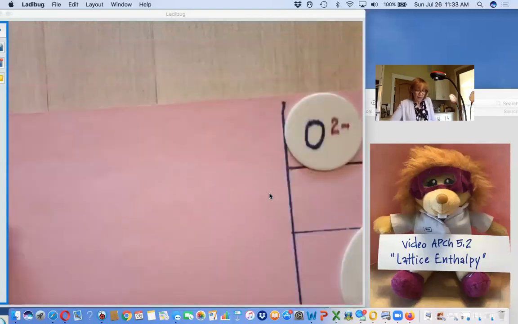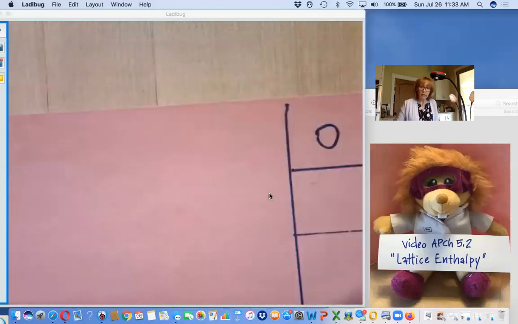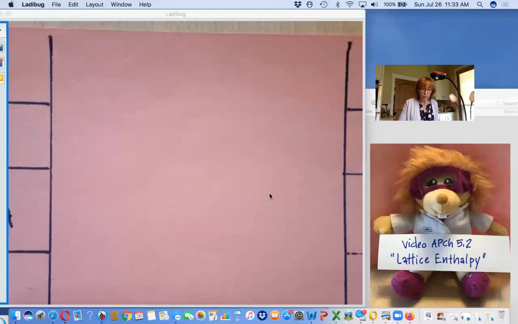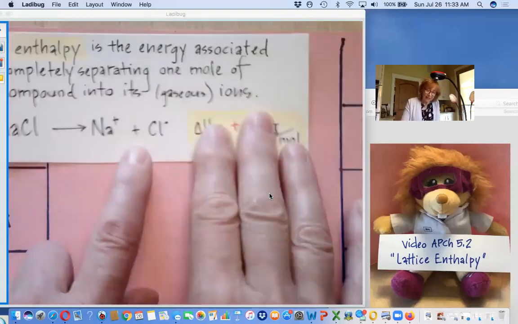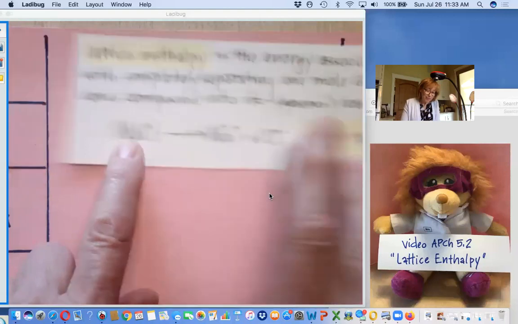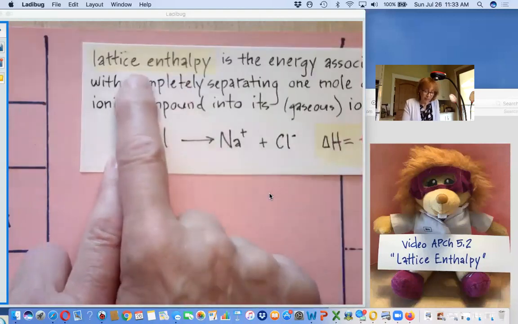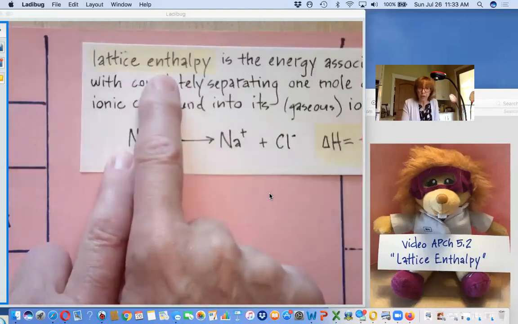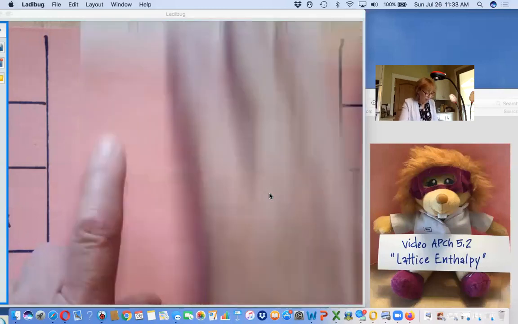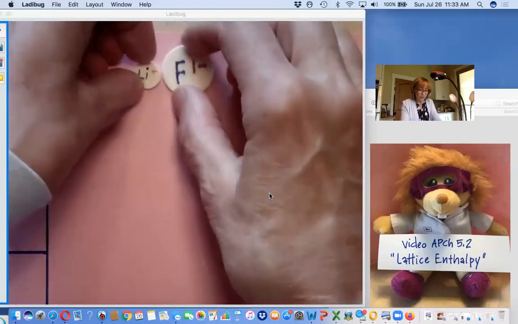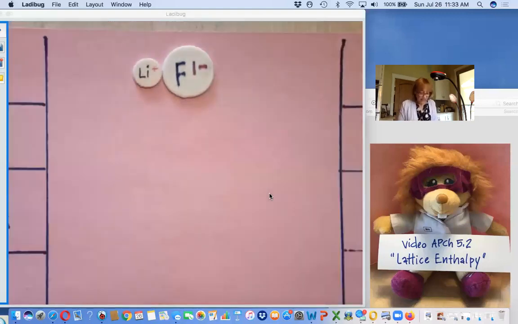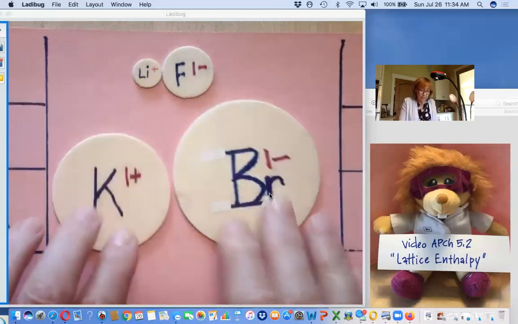Okay, so now one thing that you are expected to be able to do is to predict, not the exact numbers, but the relative lattice enthalpies if you're comparing two ionic compounds. For instance, here's an ionic compound, lithium fluoride, and here's another one, potassium bromide.